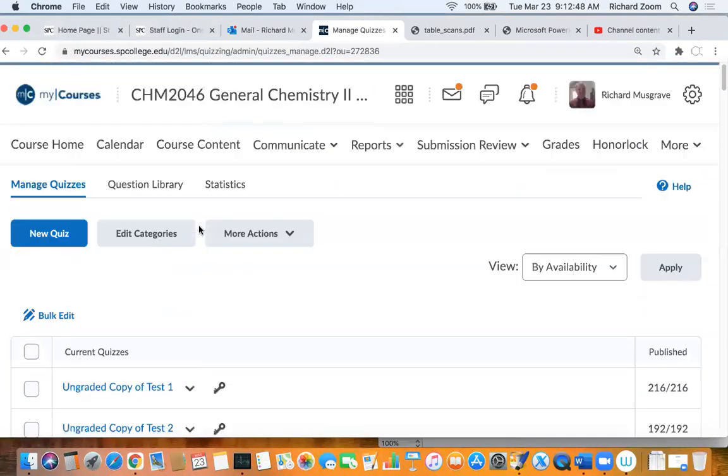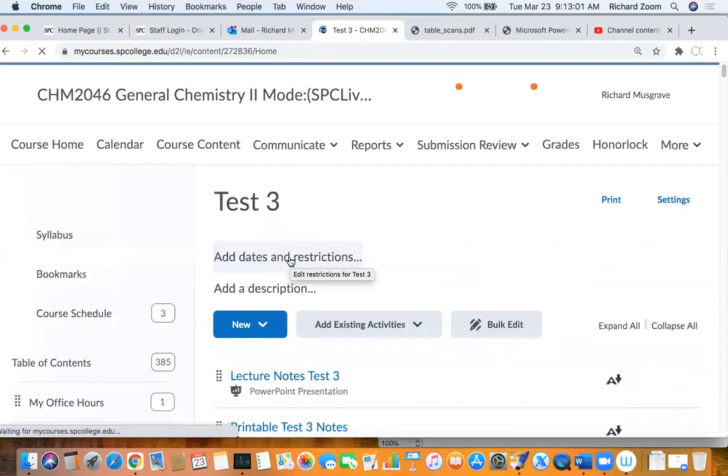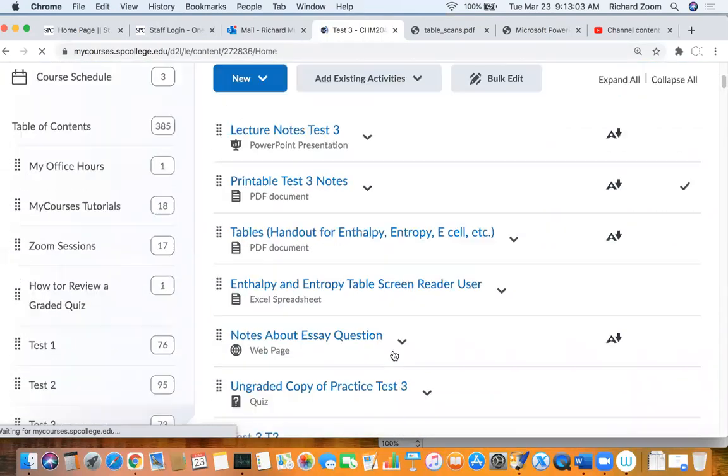Okay, so the parameters for the essay question, which will be placed into a Dropbox sometime before the due date of the test. And here it is.